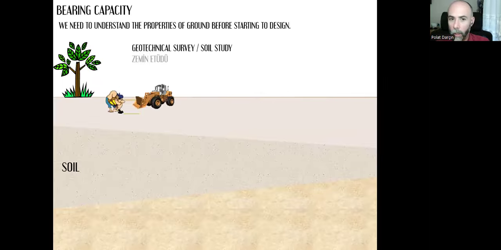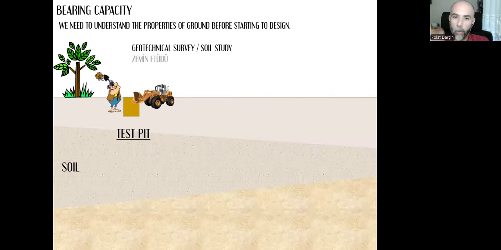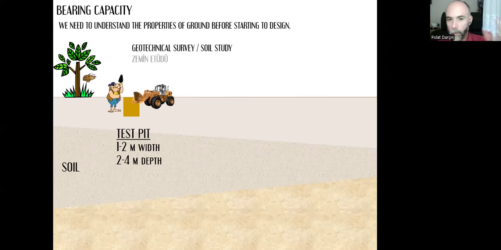We can just create a test pit by using a shovel or an excavator loader. And the test pit is generally small. It can be 2 meters wide, and most probably 4 meters deep.